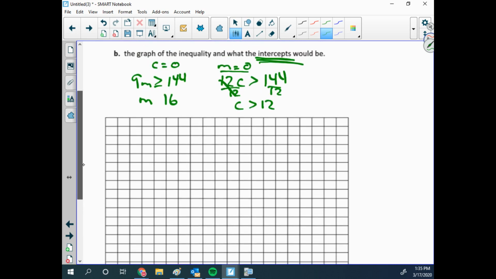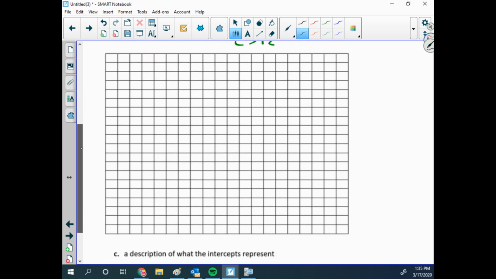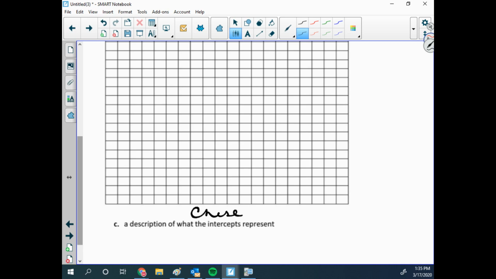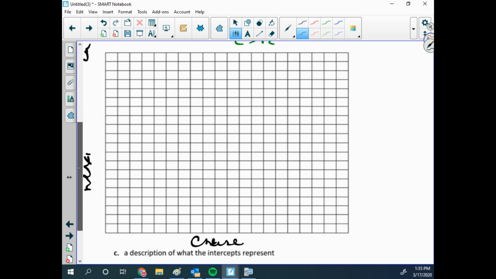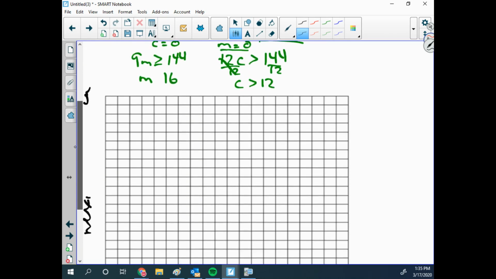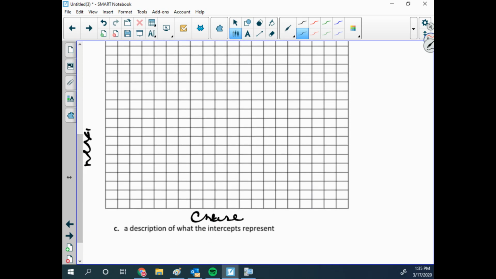Now, where I decide to put cheeseburgers and Mexican meal, it doesn't matter for my axes. So let's say down here is cheeseburger meals. Oops, I can't spell cheese apparently. And Mexican. The most I can sell is 16 of the Mexican and 12. Do I have enough? 2, 4, 6, 8, 10, 12. Okay, so Mexican, so 2, 4, 6, 8, 10, 12, 14, 16, 18.